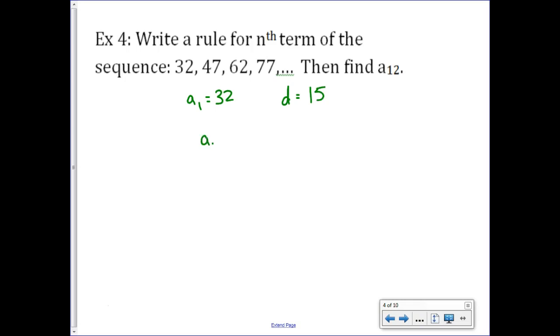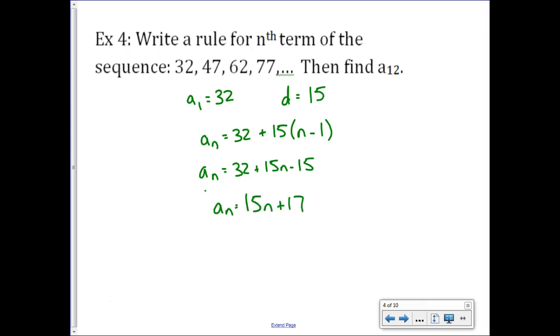So A sub n is equal to 32 plus 15 times n minus 1. Go ahead and multiply that out, simplify it. So 15n minus 15, A sub n is equal to 15n plus 17.